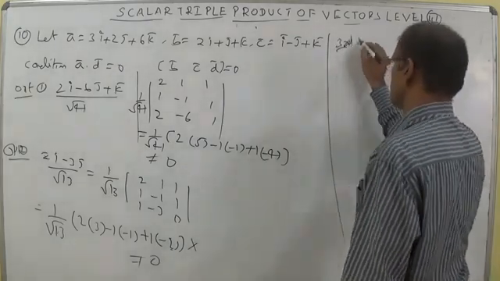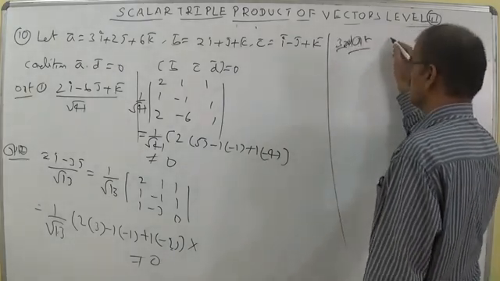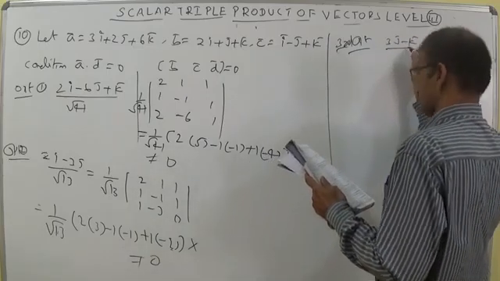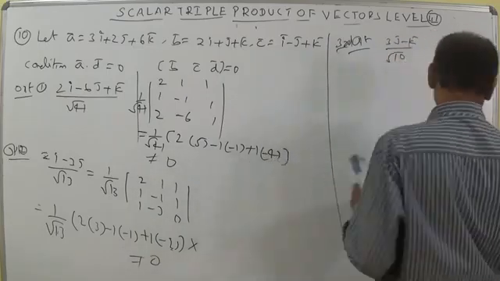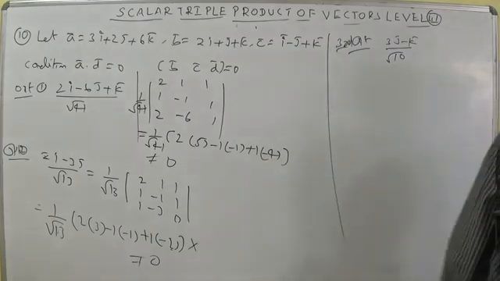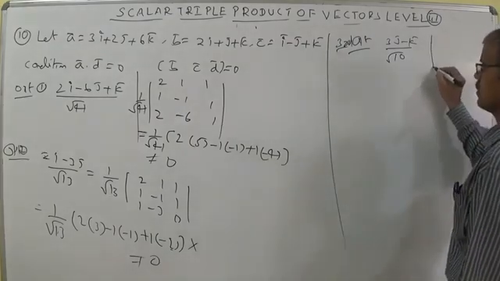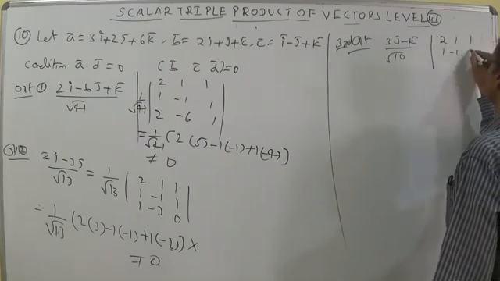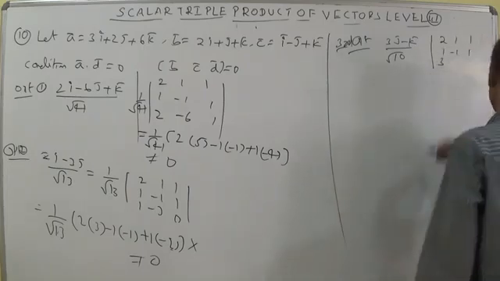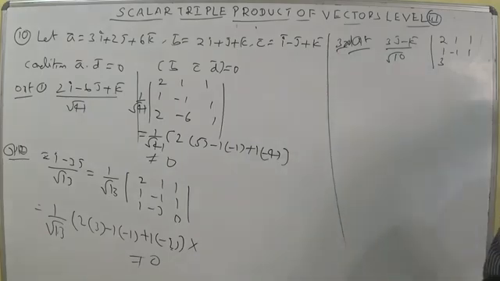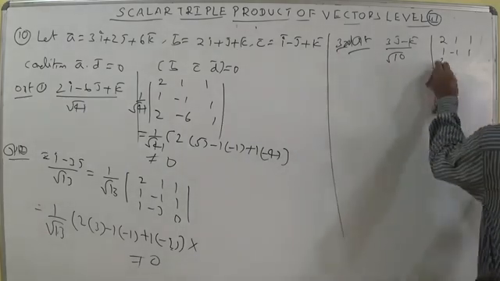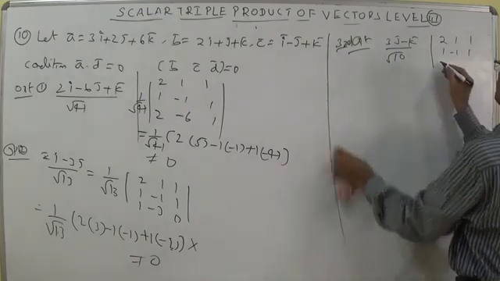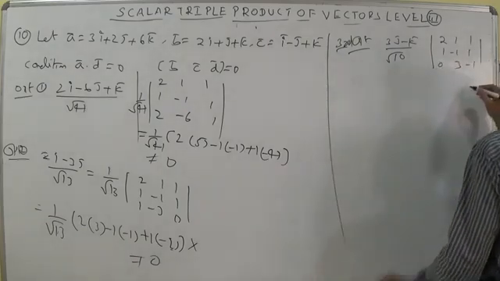Now the third option: 3j minus k by root 10. Using the condition of coplanarity, I write the determinant with rows 2, 1, 1; 1, minus 1, 1; and 0, 3, minus 1.